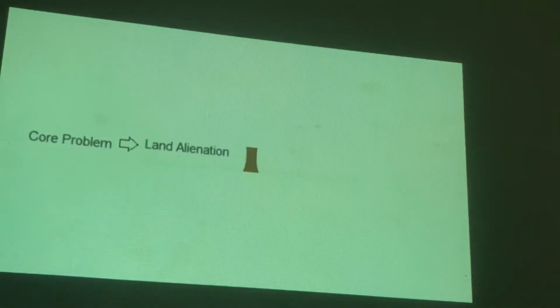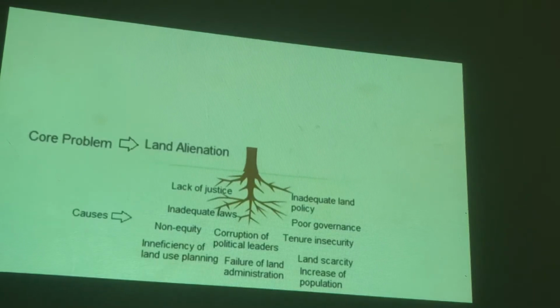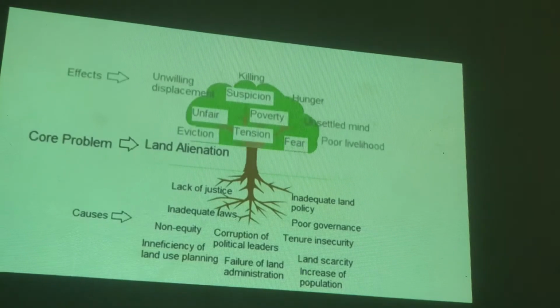Yes, in one country, a problem tree analysis was done on land alienation. And they found that the root causes, like lack of justice, inadequate land policy, inadequate laws, poor governance, non-equity, inefficiency of land use planning, corruption of political leaders, failure of land administration, land scarcity, increase of population, all that led to land alienation in the country in question.